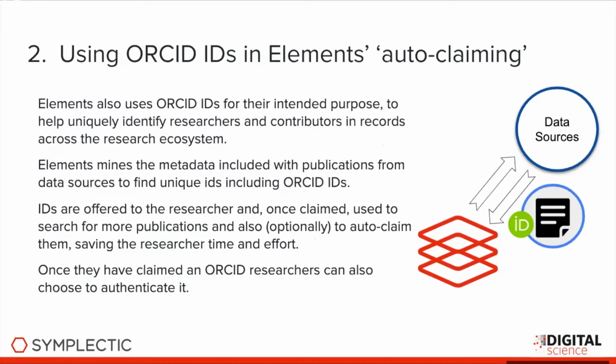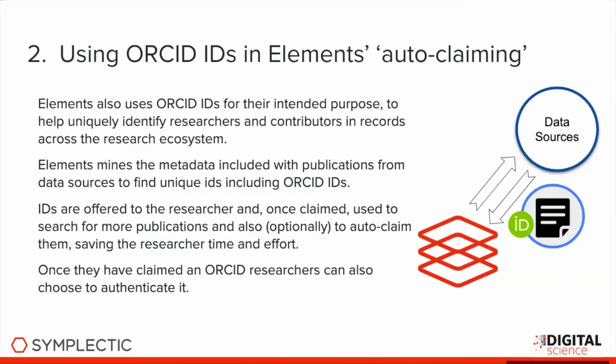ORCID IDs are a range of identifiers that the user can essentially claim and say, yes, this identifier represents me in the real world. And so if we see the ORCID ID in a publication's metadata, the user can optionally say, yeah, that is me, auto-claim it, put it in my claimed publication list.